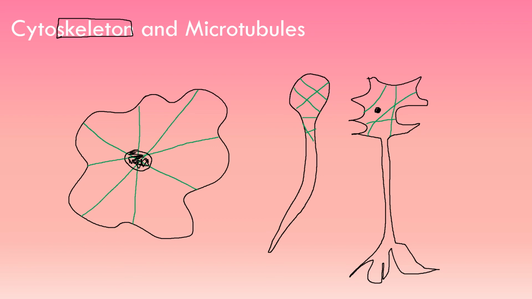Now, it's not just about shape. This is incredible, and you can look it up on YouTube, there are videos of this slowed down. We have other proteins, motor proteins, that basically walk up and down these like highways. I'll try and get a video in the PowerPoint for you, but they use them to tow things around.